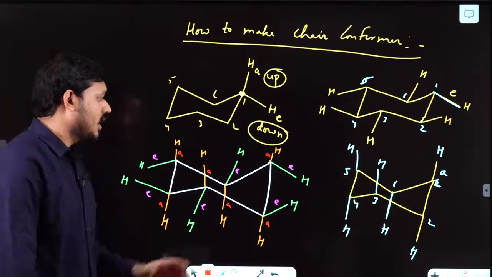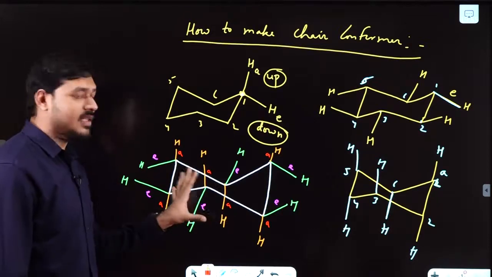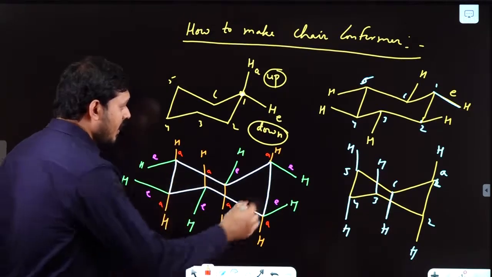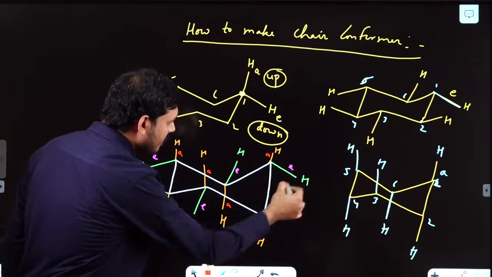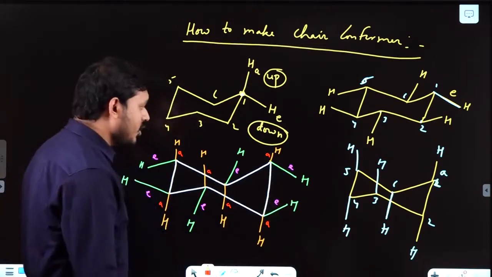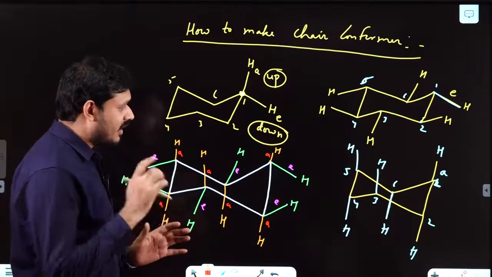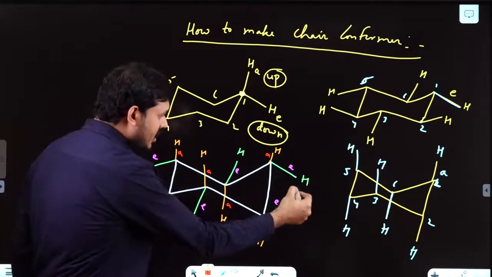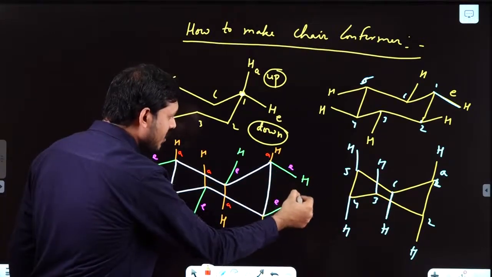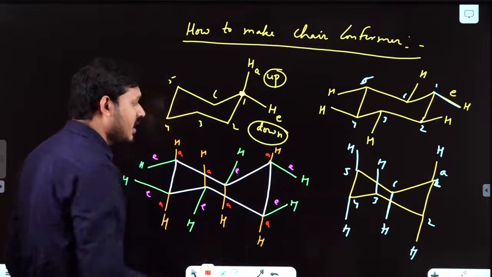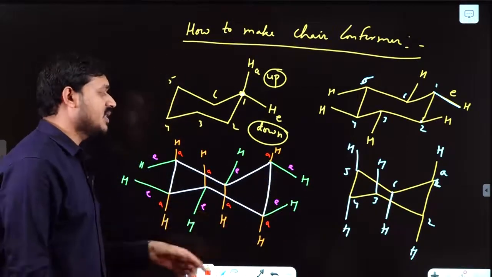Now let's observe a few points in this structure. Okay, if we will see this equatorial part and this equatorial part, you may come across a thought that, sir, in this structure they are nearby each other, so there must be repulsion. Then how can we say that equatorial position is more stable?